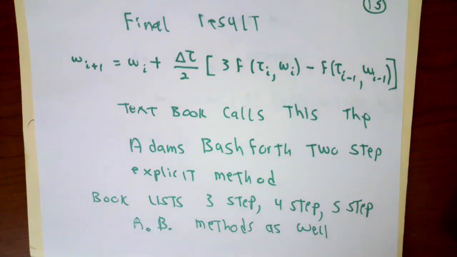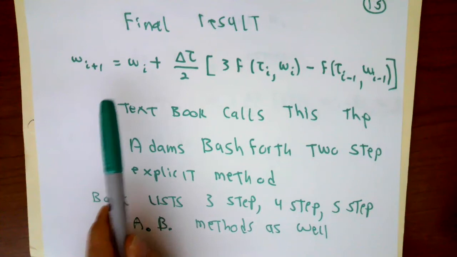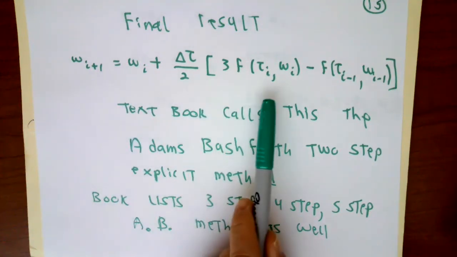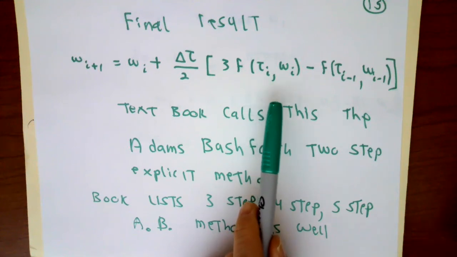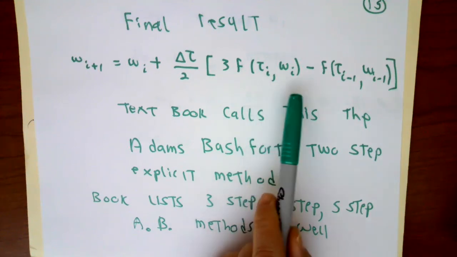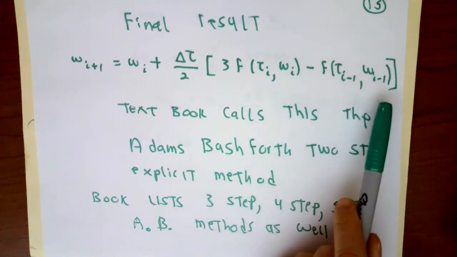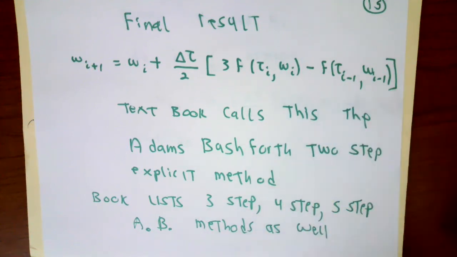The final result of all of this is wi plus 1 is wi plus delta t over 2 times f. We will write it out in full now. f at ti, wi minus f at ti minus 1, wi minus 1.